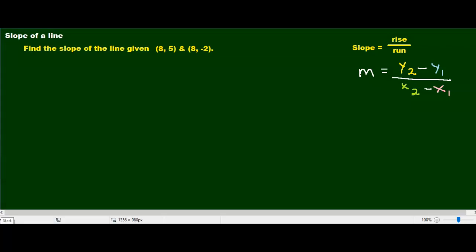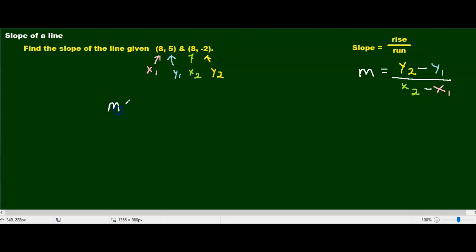Here's another example. Again, let's label our x1, y1, x2, y2. So this is my x1, my 5 is my y1, this 8 is x2, and the -2 is y2.